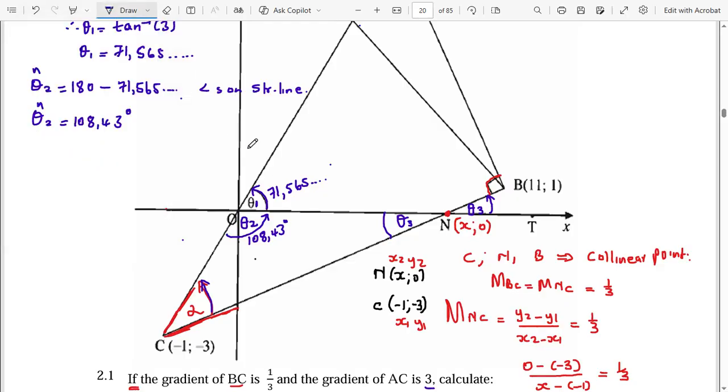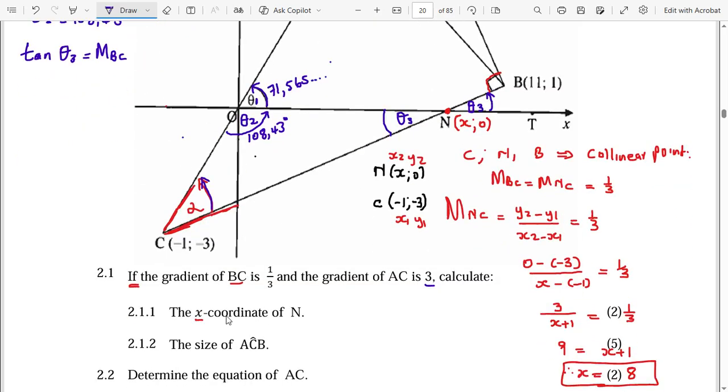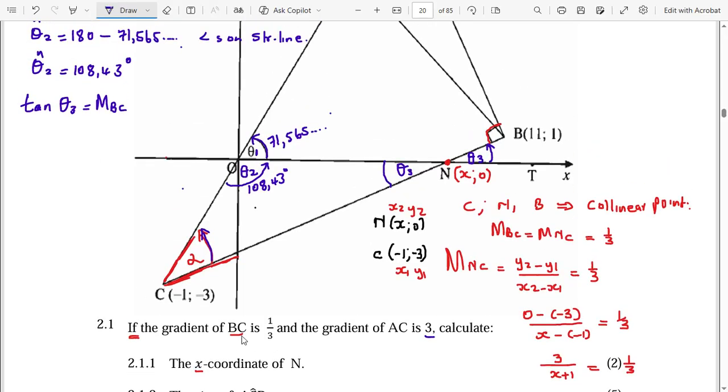To find theta 3, I'm going to use the gradient because theta 3 is the angle of inclination for BC. So I need to say the tan of theta 3 will be the gradient of BC. And I think we do have the gradient of BC. We can see that the gradient of BC is 1 over 3. So I'm going to say that from the if statement, the gradient of BC is 1 over 3.